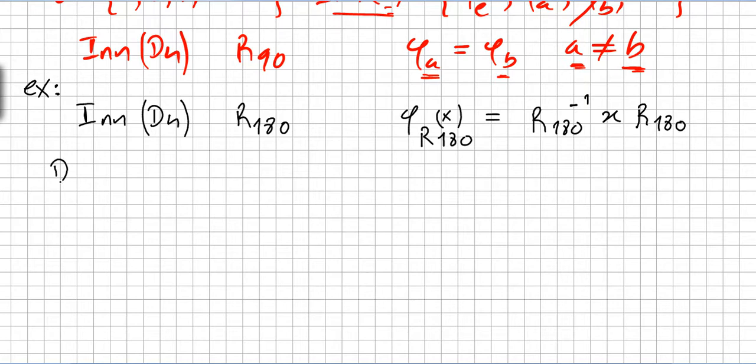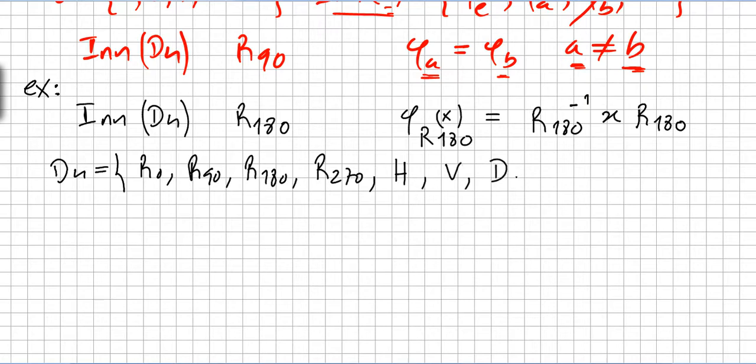D4 is the set with rotation 0, rotation 90 degrees, rotation 180, rotation 270, if I remember well, and the reflections through the horizontal line, vertical line, first diagonal, and second diagonal.